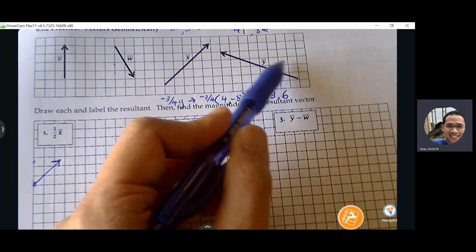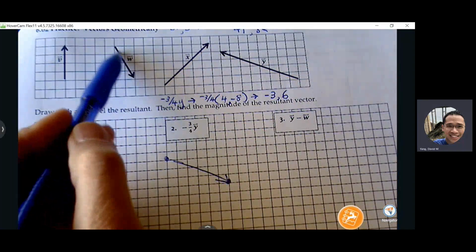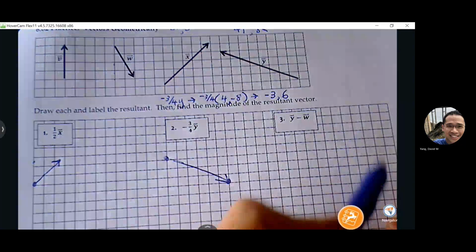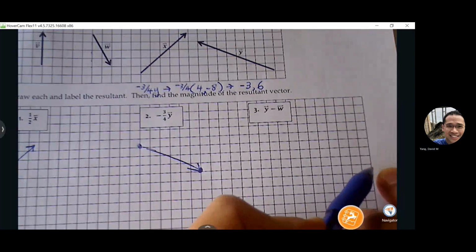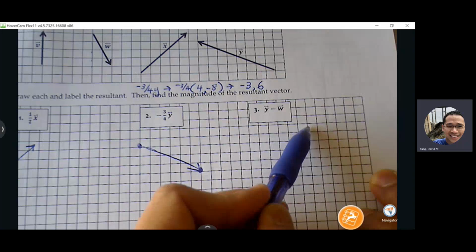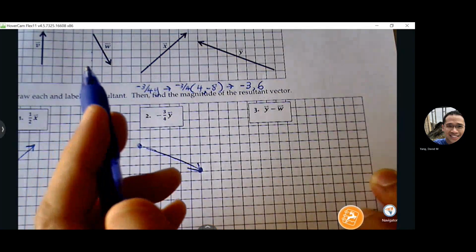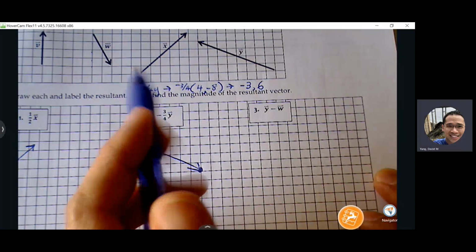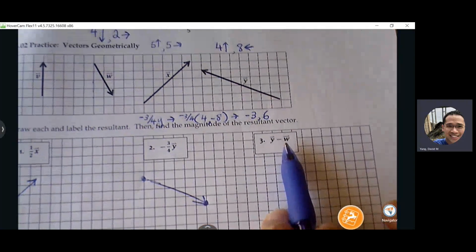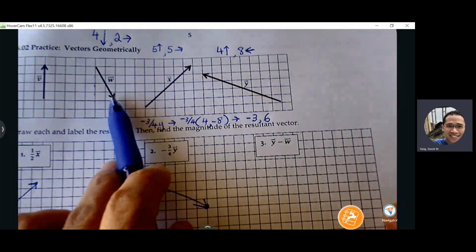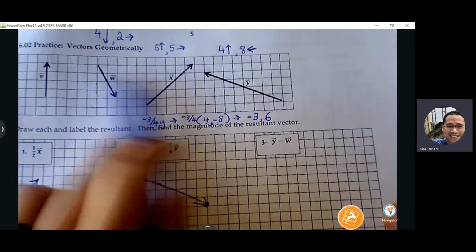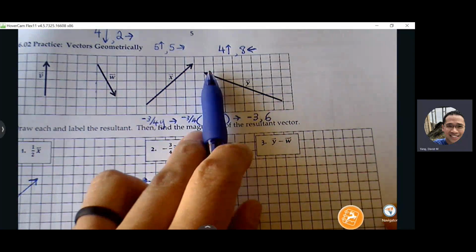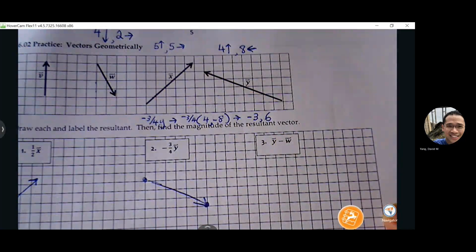Y is moving up and to the left. W is moving down and to the right. So I just want to give myself room here. And I'm going to go up and then come back down again. Oh, sorry, minus W. Minus W means I'm going to go the opposite direction here. So it's going to point up, right? So it's going to be to the left and up, and then further left and up.